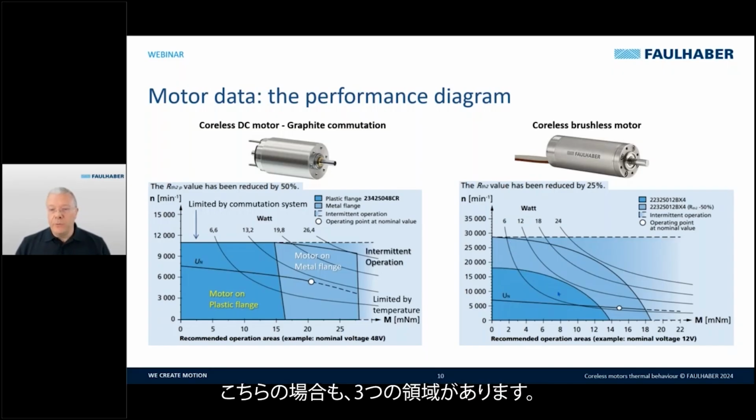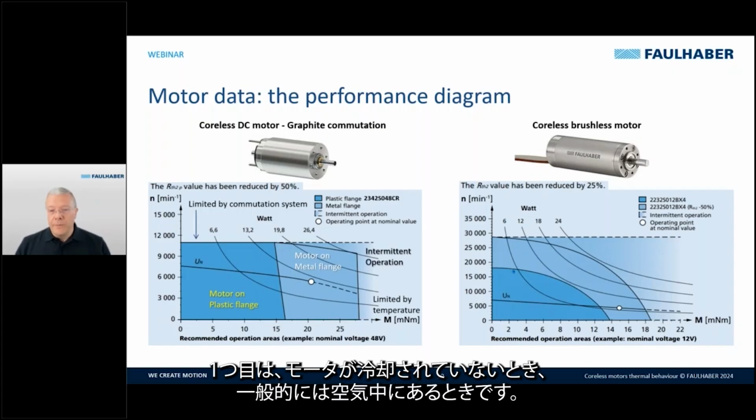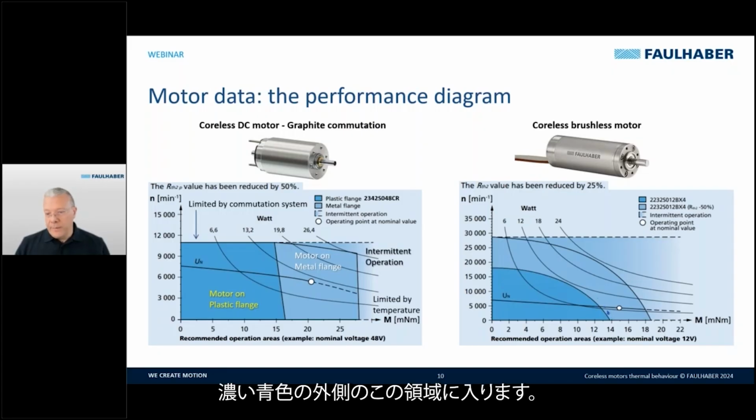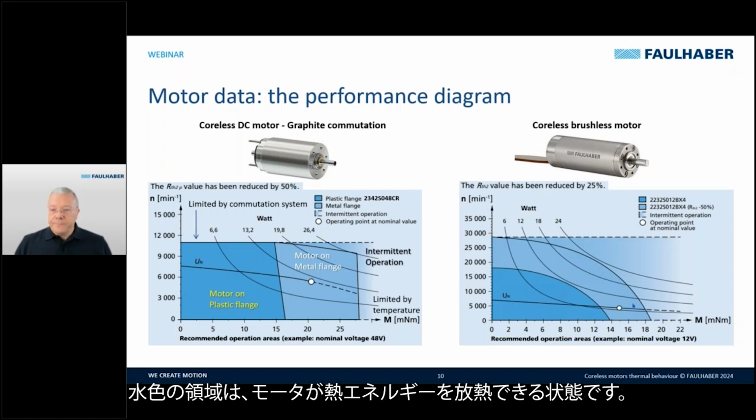So in this case, we also have 3 regions. The first one is when the motor is not cooled, so in air typically. When we connect a plastic flange, we are in this region here, outside the dark blue area. So the light blue area is for when the motor can dissipate thermal energy.